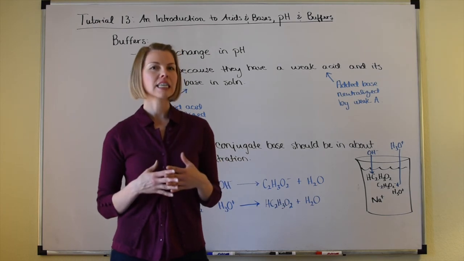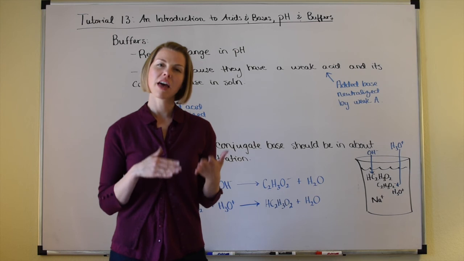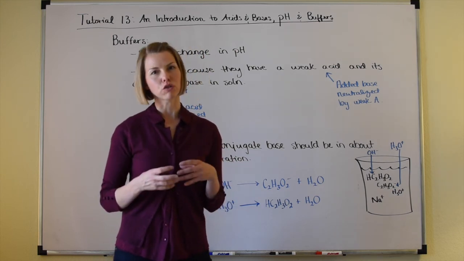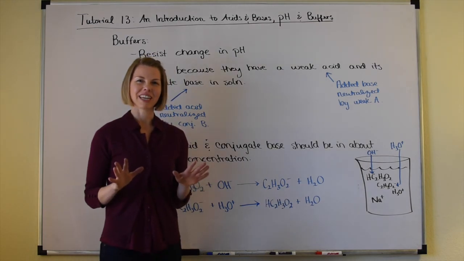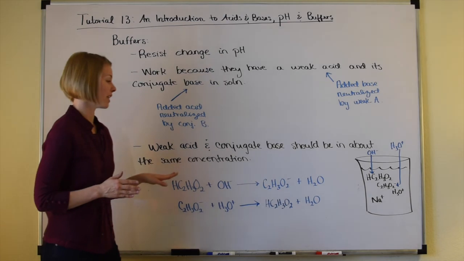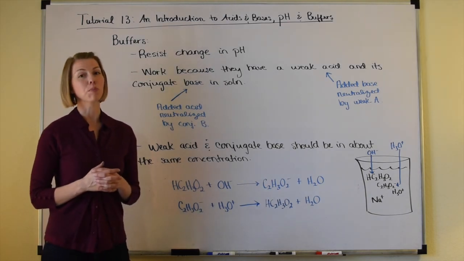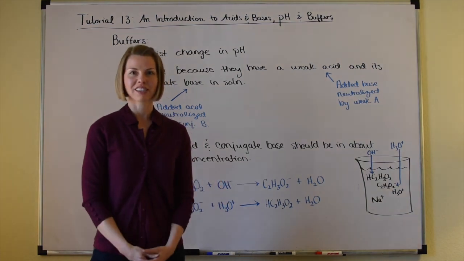And the last is actually through proteins, which have functional groups that can behave as acids and functional groups that can behave as bases. So that's a little bit different than the kind of buffer solutions we've talked about here. But buffers will be a very important topic in your biological, chemistry, and biology courses.